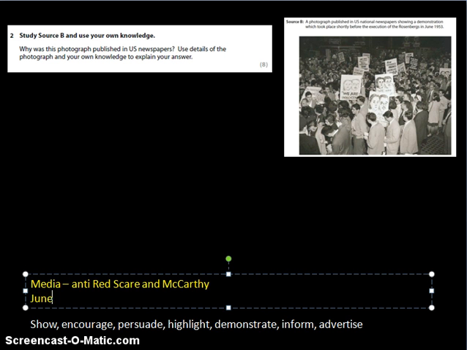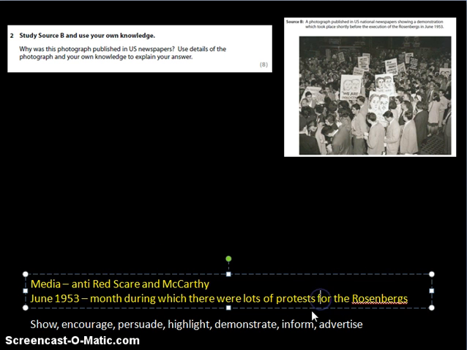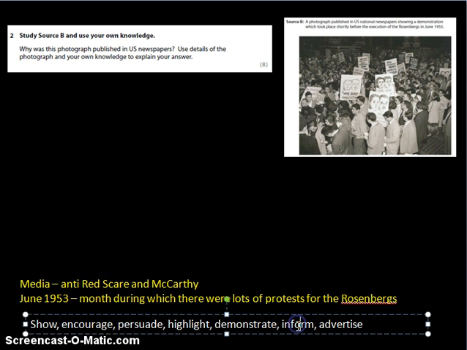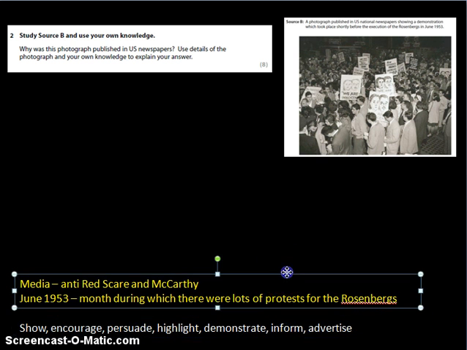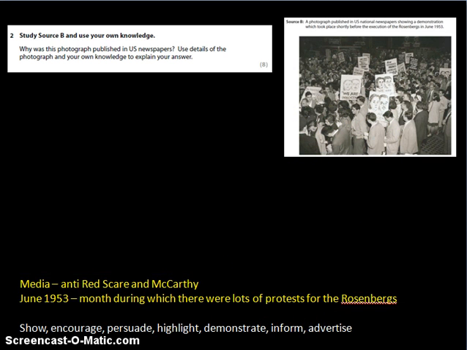We know that June 1953 is significant because it was a month during which there were lots of protests for the Rosenbergs. Let's leave that there for a second. And so what we've got to do in our answer is somehow try to explain why we think this photograph was published using some own knowledge and using some of these key words down at the bottom.